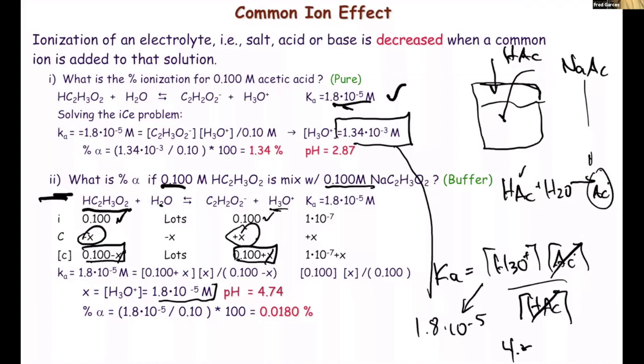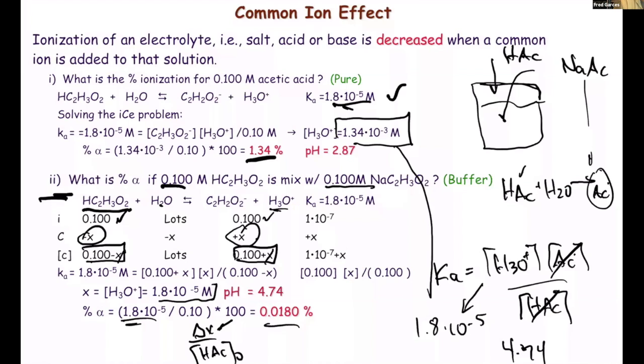And if you calculate the percent dissociation, remember the percent dissociation is how much of that is changed versus the initial concentration. So this would be the hydronium ion concentration. That's the amount that was provided. That's 1.8 times 10 to the minus 5 divided by 0.1. That's a 0.018% ionization. If you compare that to the top, it's 1.34% ionization.